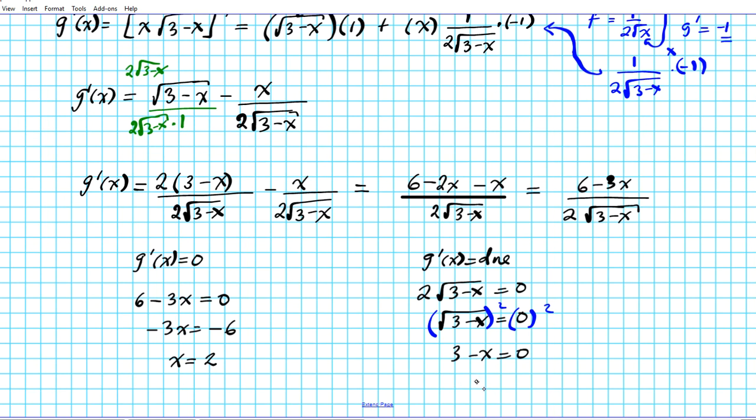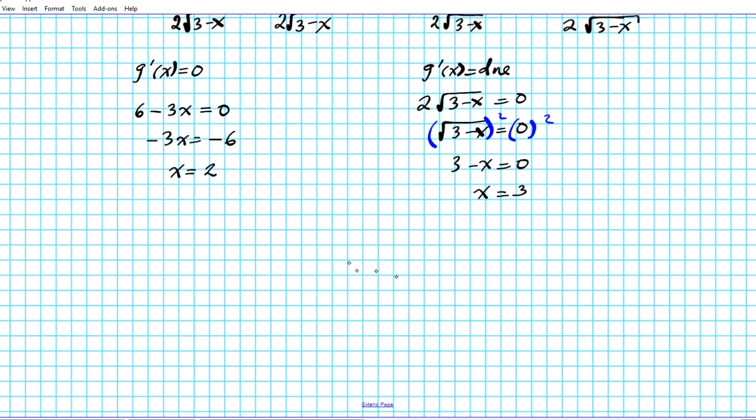And then you can add x to both sides and switch your equation around, and you have x equals 3. So there goes the other critical number. So our critical numbers for this problem are x equals 2 and x equals 3. So there you have it.